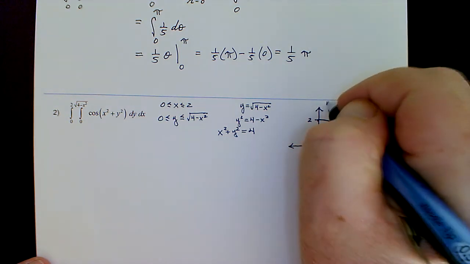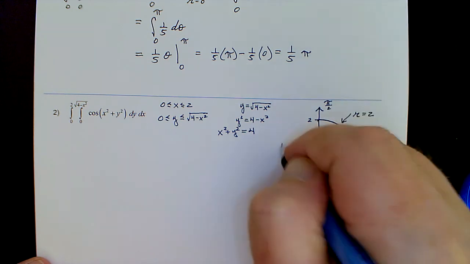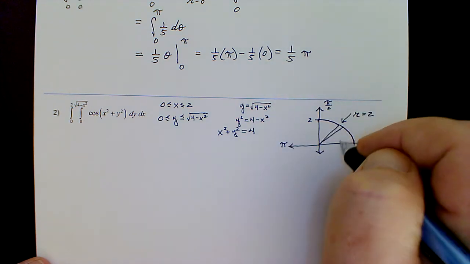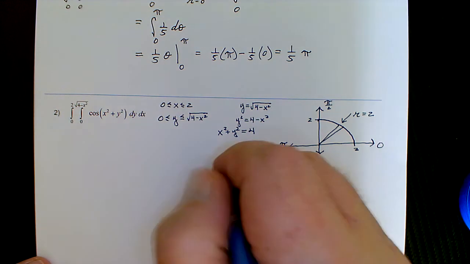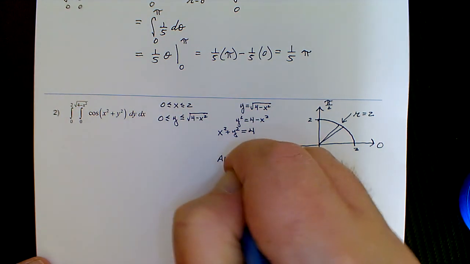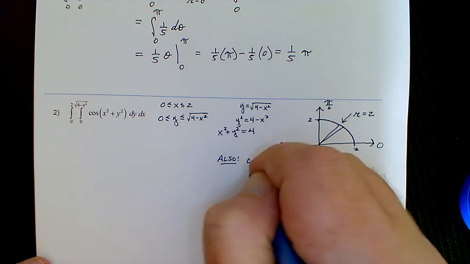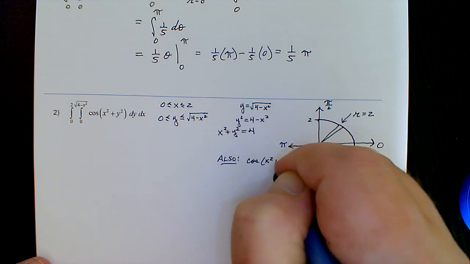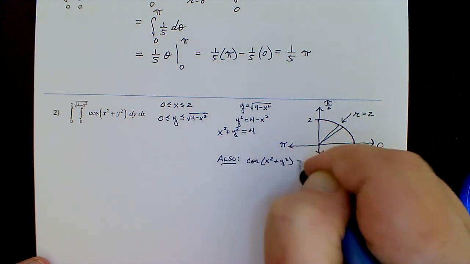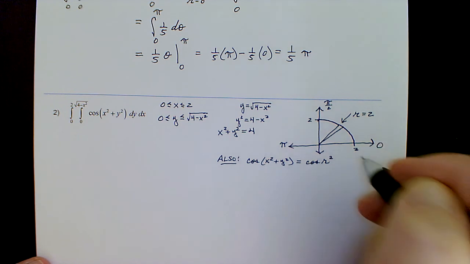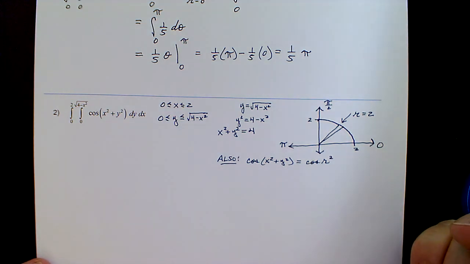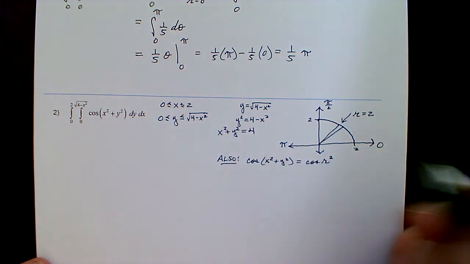So that's 0 to pi over 2. Okay, so now the double integral. Oh, and then also cosine of x squared plus y squared is just going to be the cosine of r squared, because r squared is equal to x squared plus y squared.